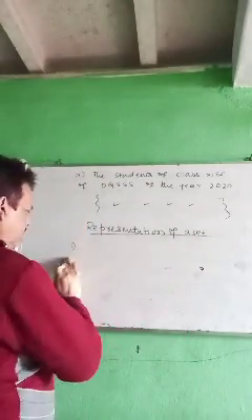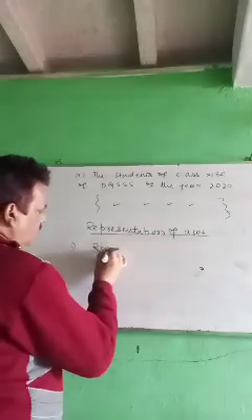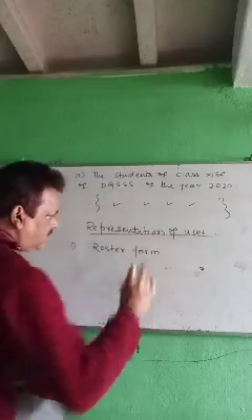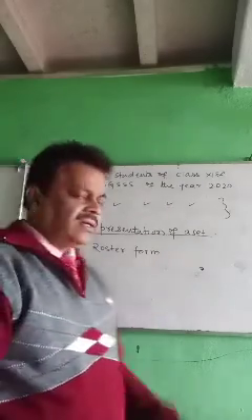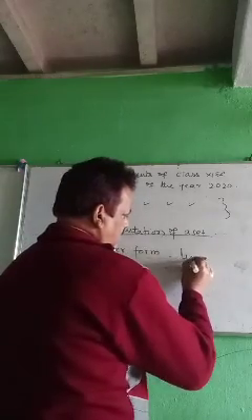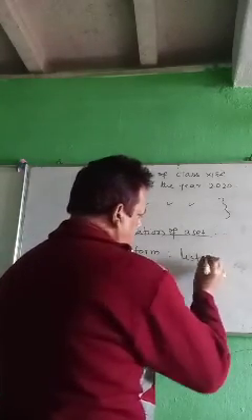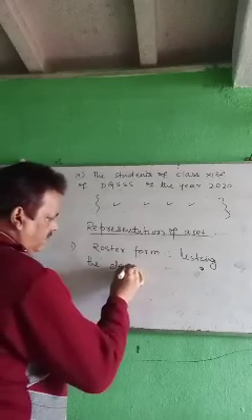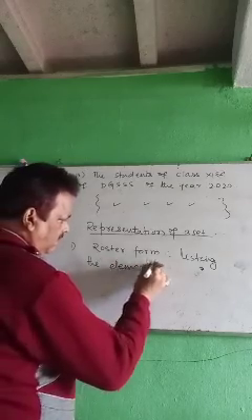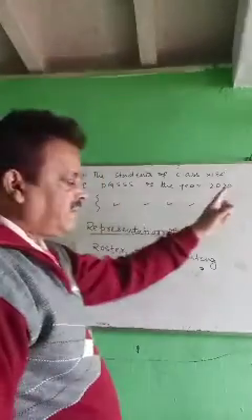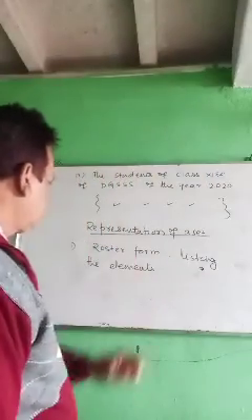One is roster form. Roster form means what? Listing the elements. Just like you have listed out the elements, the previous examples.